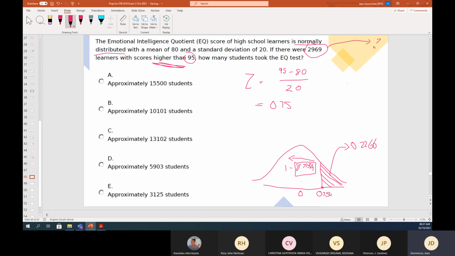We could have also used the negative table of 0.75. So if we used minus 0.75, we could have gotten that smaller area.